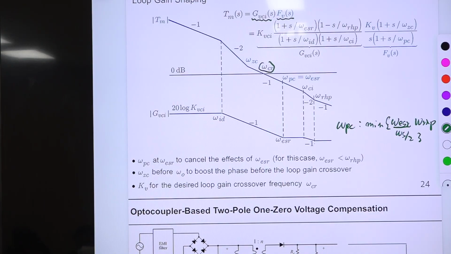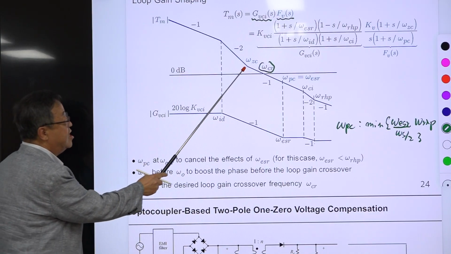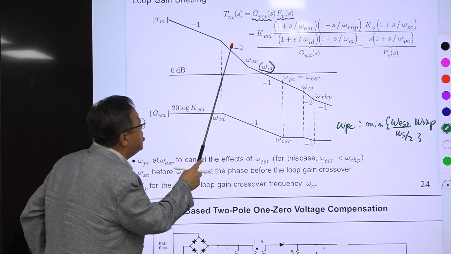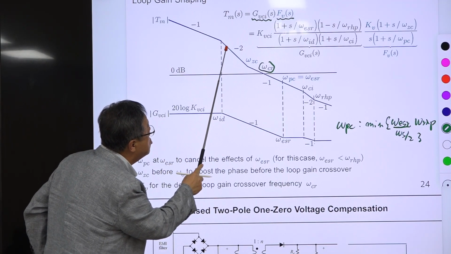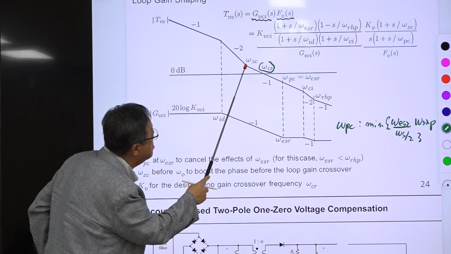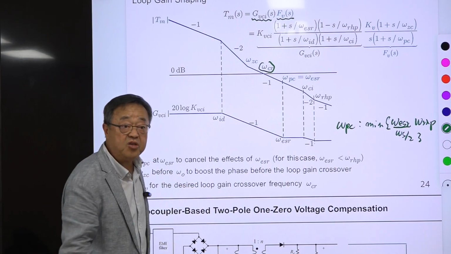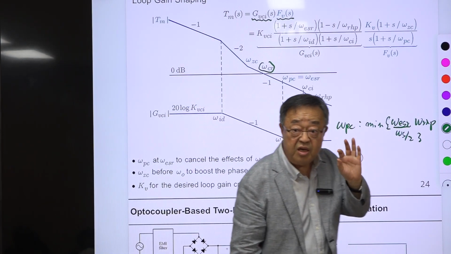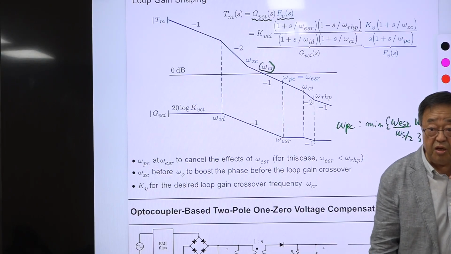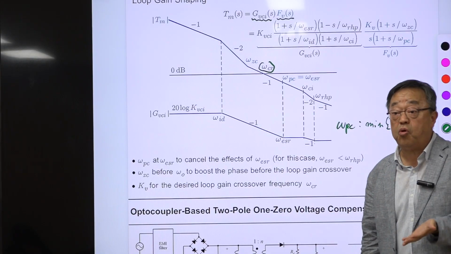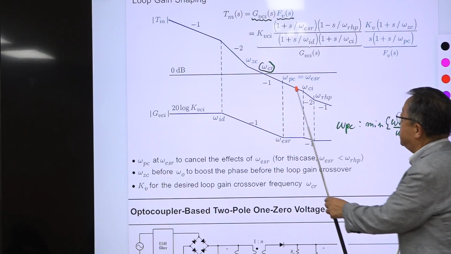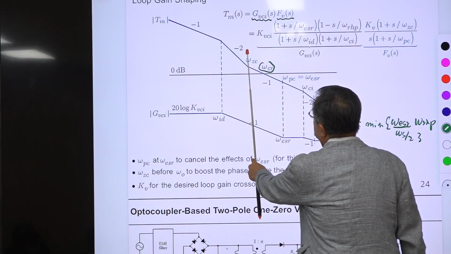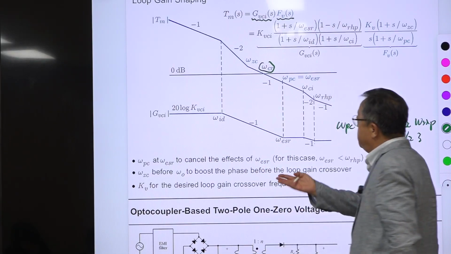Okay. Suppose this is absent, it's not existing. Then slope becomes -2 when it passes this 0 dB. Then phase margin becomes 0. Okay, system becomes unstable. To avoid that, to have the phase boost, you are placing this omega GC here, then phase will be increased.